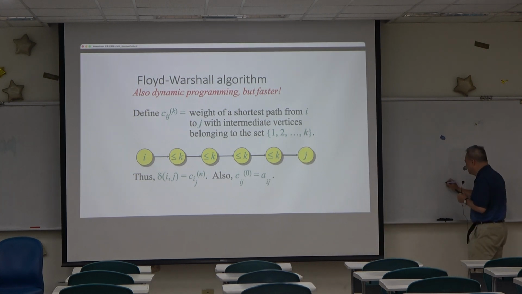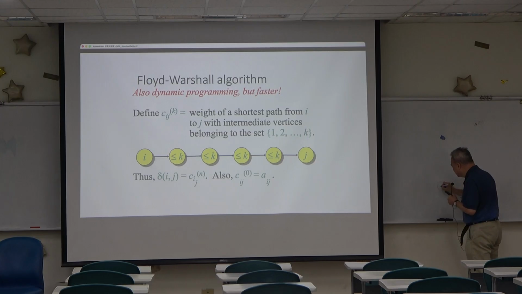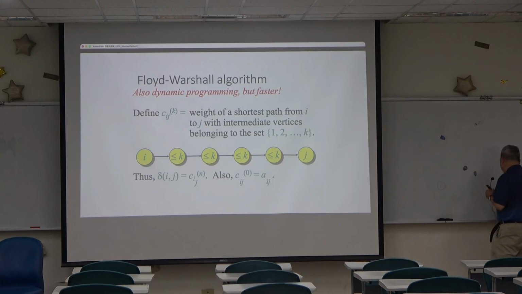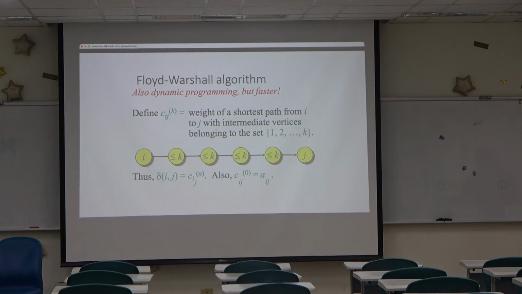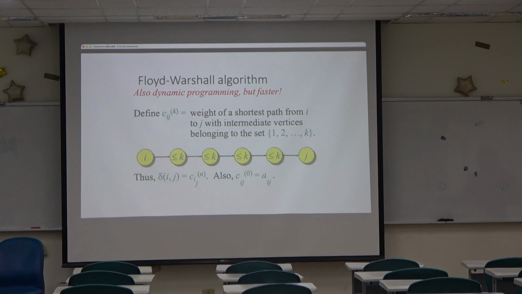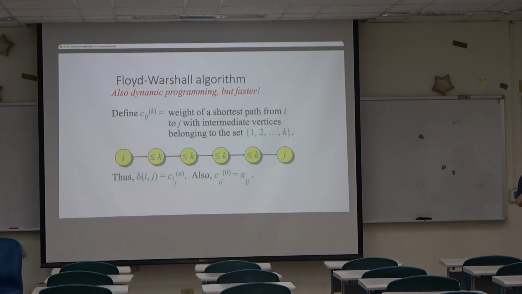We have a node I and node J. Remember, because we have already changed the name of the nodes, I and J are also numbers.